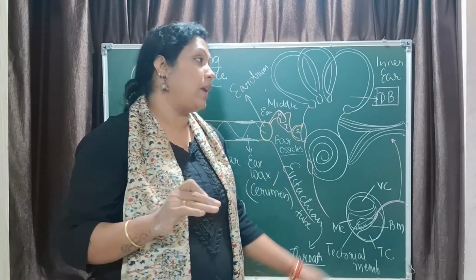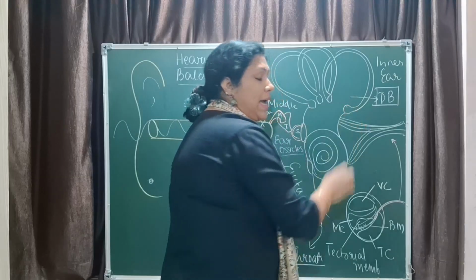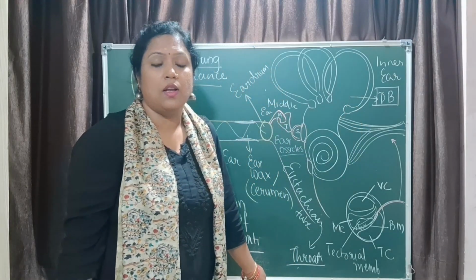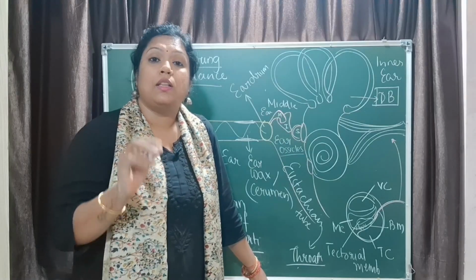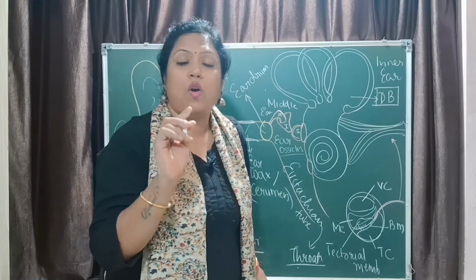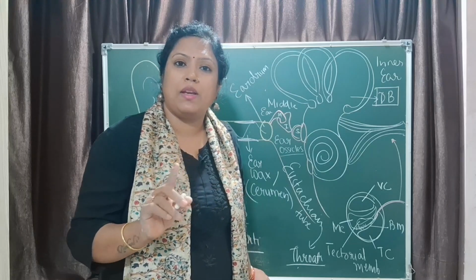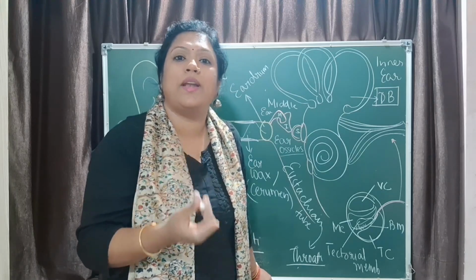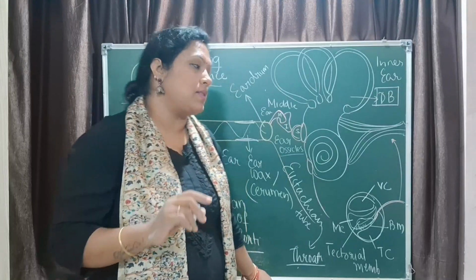That is all taken care of by the semicircular canal, basically this part, which is the ampulla of the semicircular canal. So which part of the ear is responsible for dynamic balance? The perfect answer is the ampulla of the semicircular canal. Only ampulla will not make any meaning, because ampulla is a swollen end. So ampulla of the semicircular canal is the right answer.